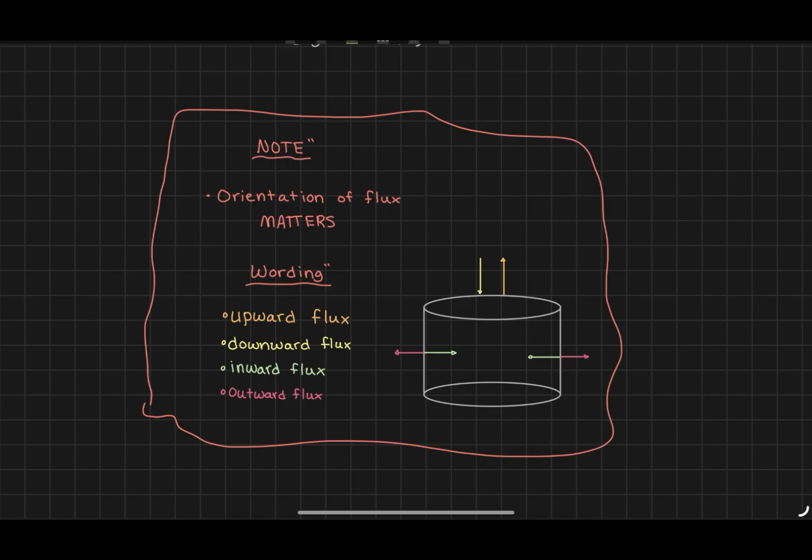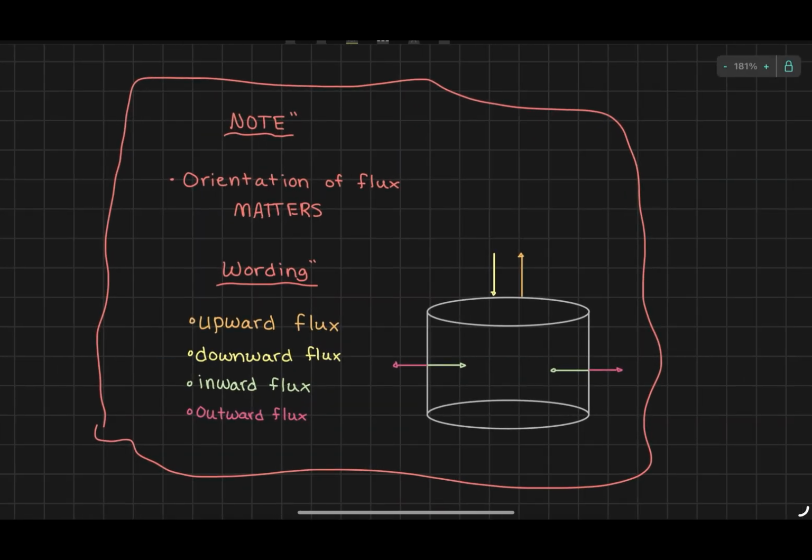We're going to have upward flux, downward flux, inward flux, and outward flux. With this little surface right here, I kind of demonstrated what all those are going to look like. Well, that downward flux is going to be some kind of vector pointing downward, obviously. And then the outward flux is going to be an arrow, a vector pointing outside of the surface.